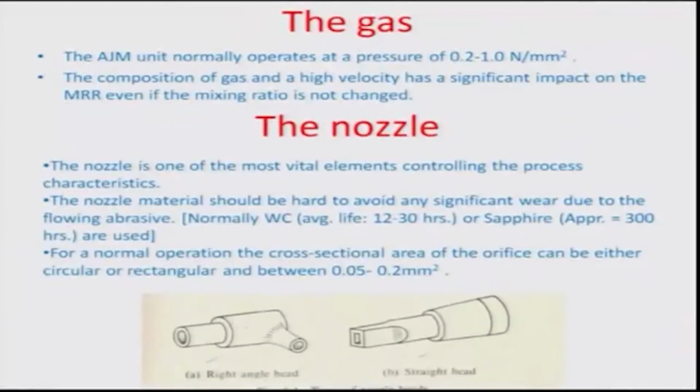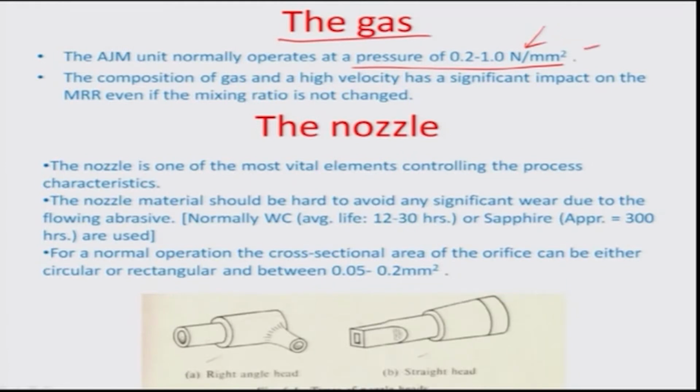The other important aspect is the gas that is being used. The pressure ranges that are normally employed in the AJM process are between 0.2 to 1 Newton per millimeter square.